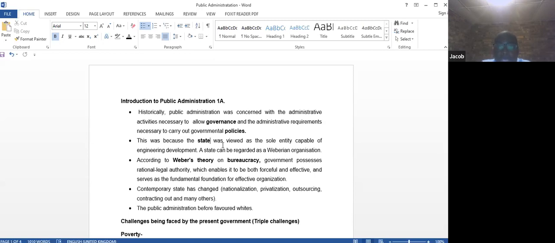Then Weber's theory is a theory that was made on bureaucracy. This theory simply means that it perceives the government as the one that has the duty and the effective responsibility of running public administration. But there are many disagreements with this theory.